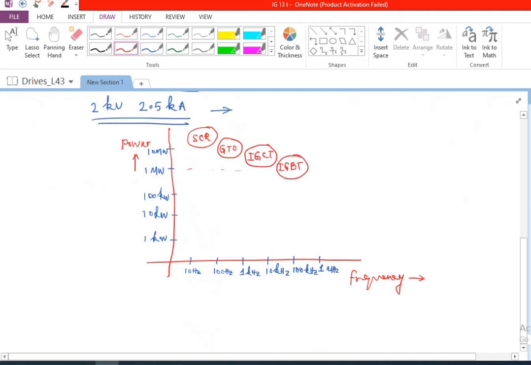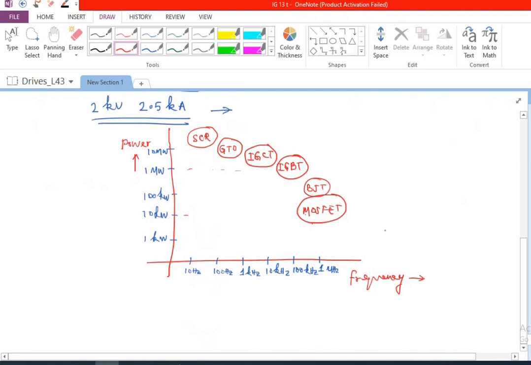And if I'm talking about 100 kilohertz to 1 megahertz, but about 10 kilowatts of power level, that is where MOSFETs are. So BJT might lie somewhere here.